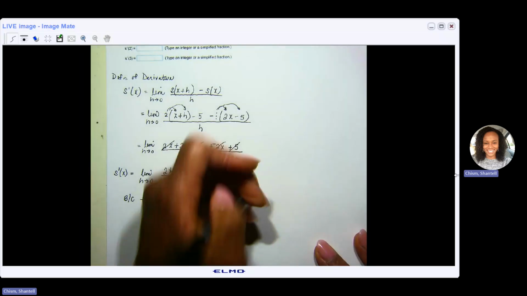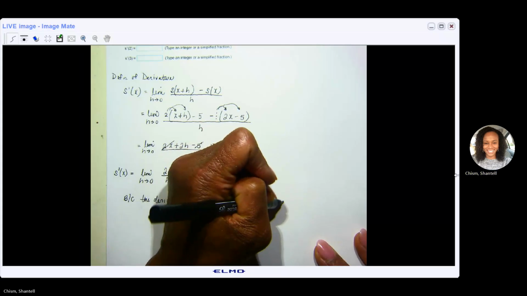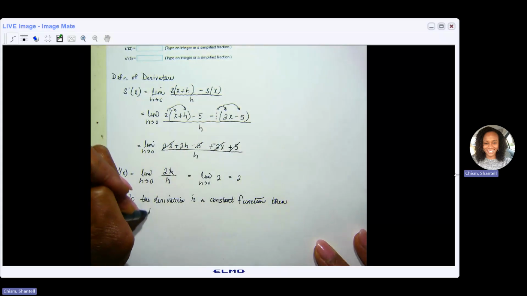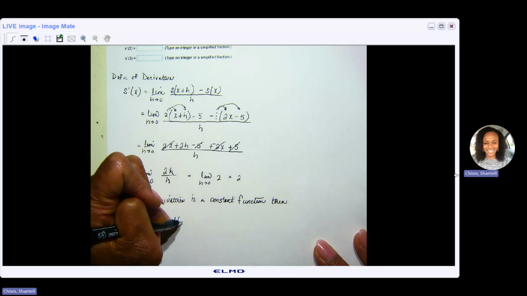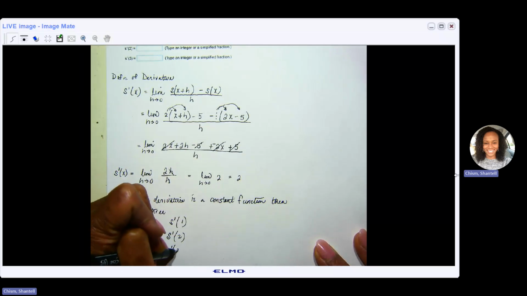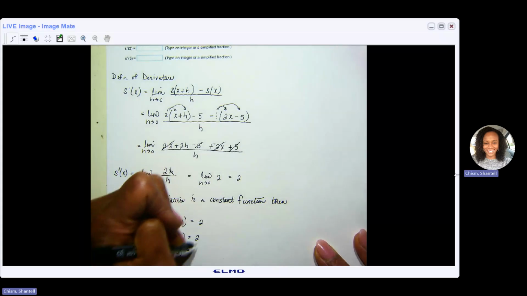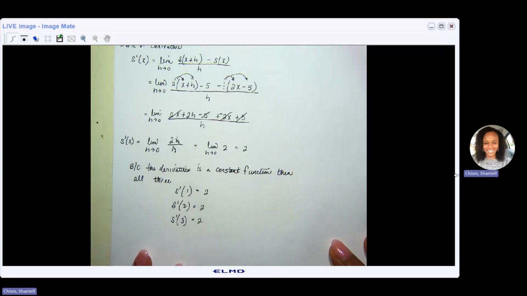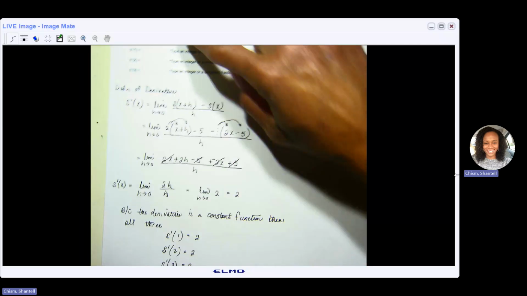Because it's a constant function, then all three, s prime at 1, s prime at 2, and s prime at 3, all three of these are just equal to 2.